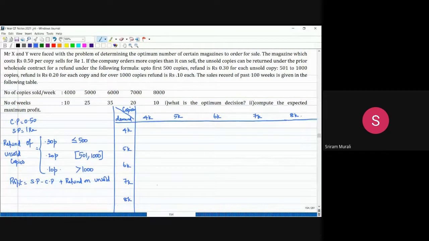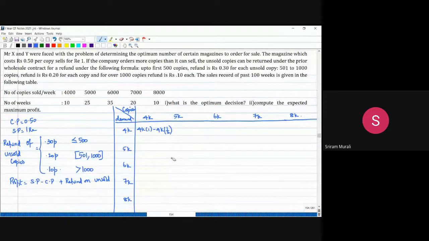At last we have to find EMV. What is the first case? Demand is 4. Supply is also 4. So what is the cost price? What is the selling price? This is 4K into 1 minus 4K into 1 by 2. That is 1 by 2 is 50 paise.